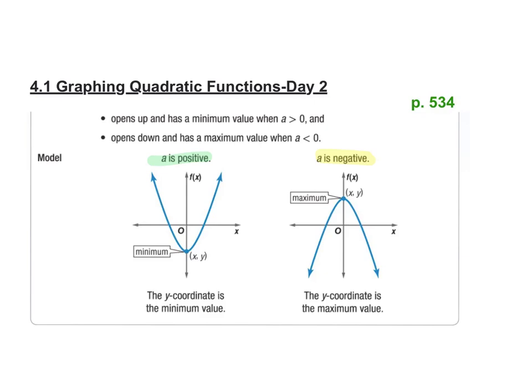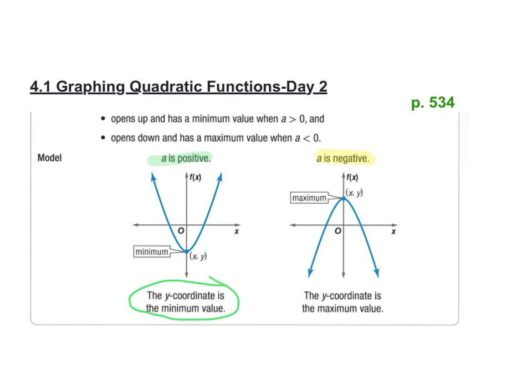Now, here's the things that you need to keep in mind with respect to that. When a parabola opens up, the vertex will contain the minimum value. And so the y-coordinate of the vertex is going to be the minimum value for that quadratic. So when we're working on our homework today, you are still going to have to find the vertex.